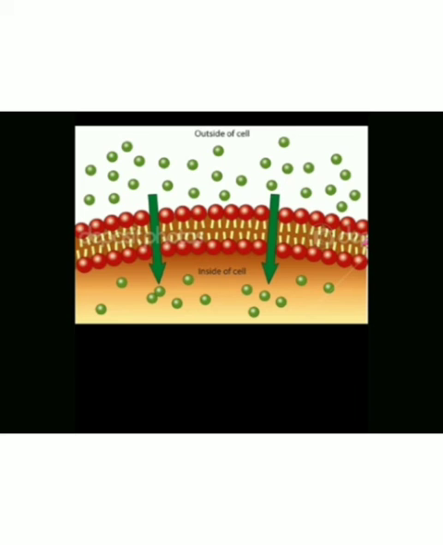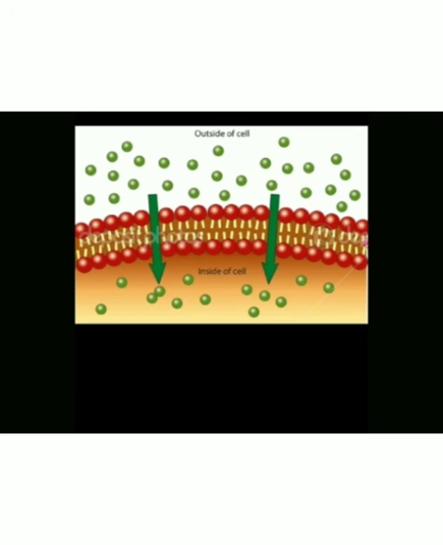Diffusion takes place especially for gases, from a region of higher concentration to a lower concentration, even if the cell membrane is present or absent. But for osmosis, a permeable membrane is very much necessary. Osmosis takes place only through a semi-permeable membrane. The movement of water across the plasma membrane is also affected by the amount of substances dissolved in it.